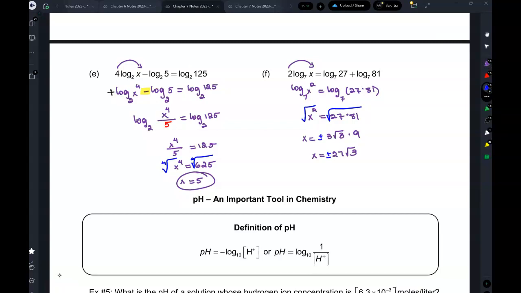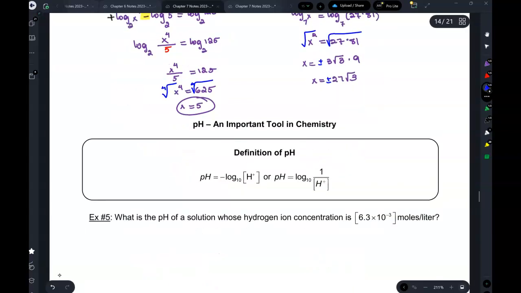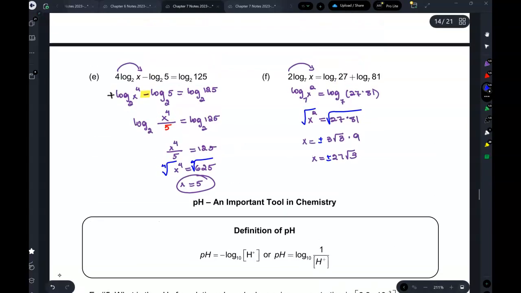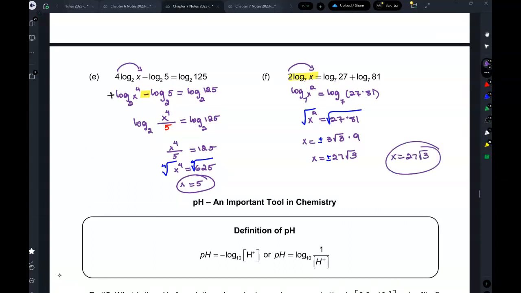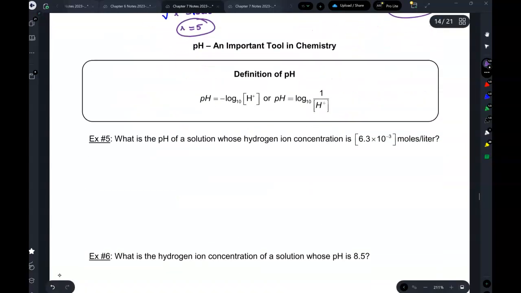All right, so plus or minus 27 root 3. However, the negative of this is not going to work here. So x is just 27 root 3. Okay, let's move on.